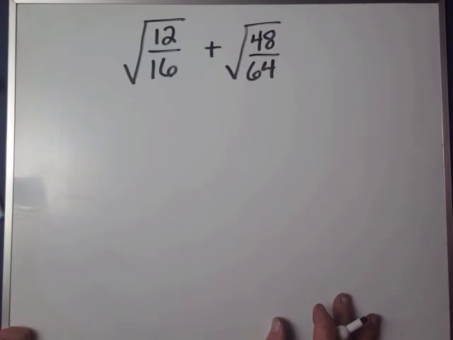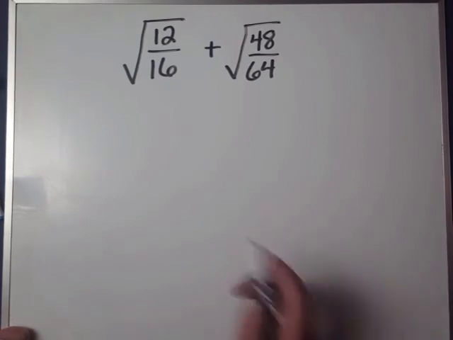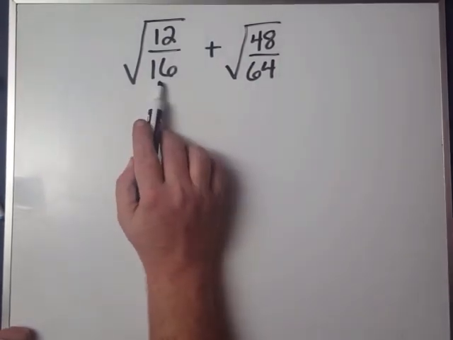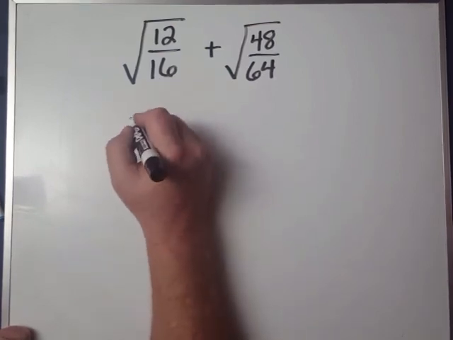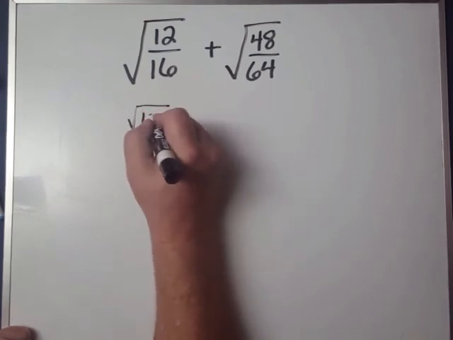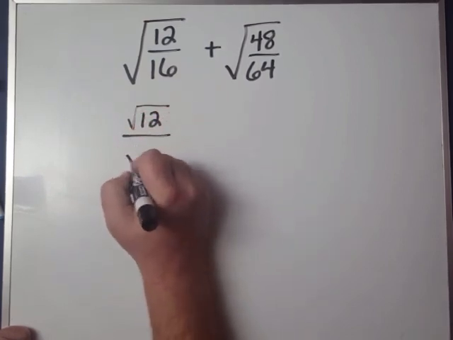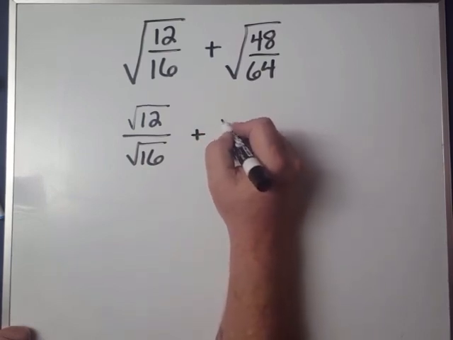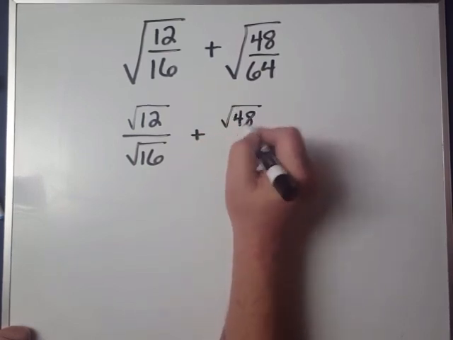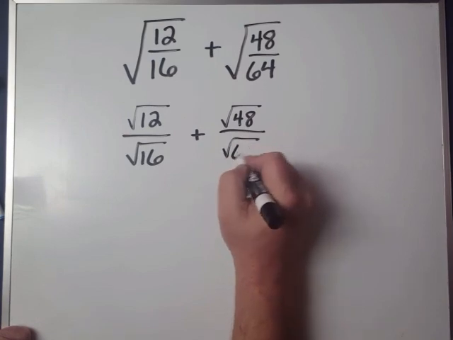My instructions will probably just say, simplify. We know one of the rules of simplification of radicals is we are not permitted to have a fraction in the radicand. That's an easy fix with our quotient rule. This is square root of 12 over square root of 16. My second term, square root of 48 over square root of 64.